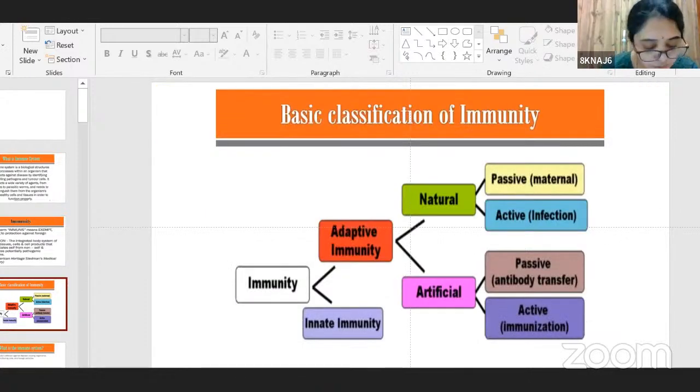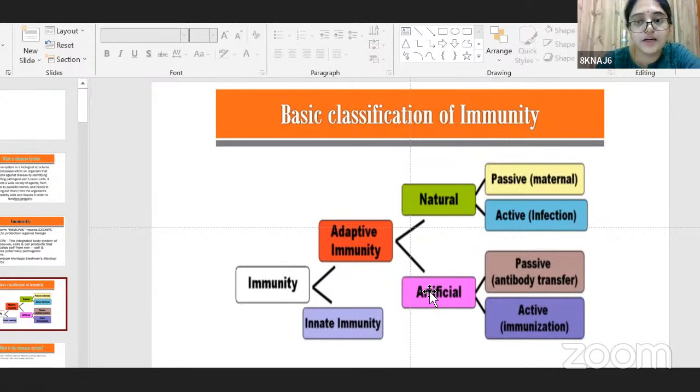So, classification of immunity. Immunity is of two types: the innate immunity and the adaptive immunity. Again, adaptive immunity can be natural and artificial.